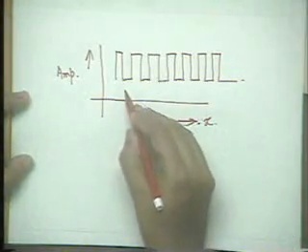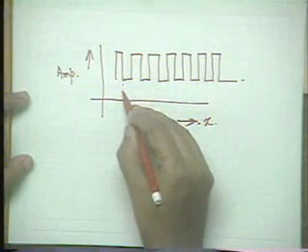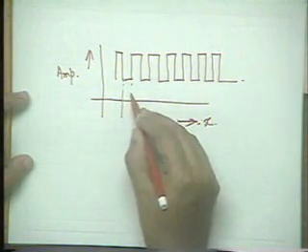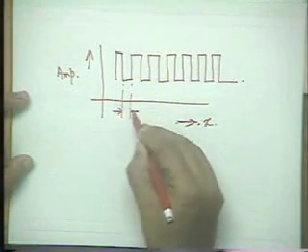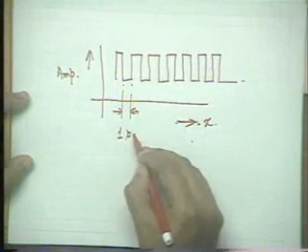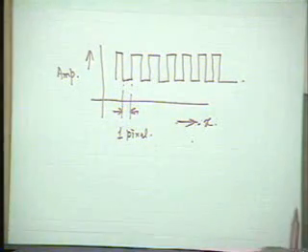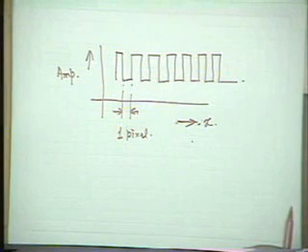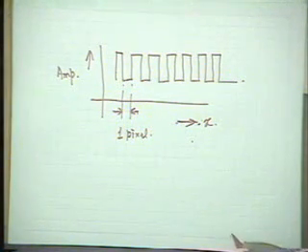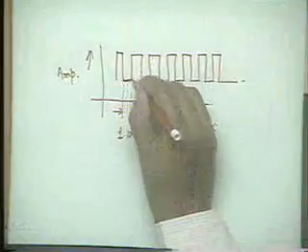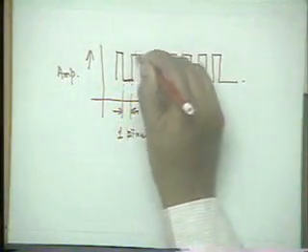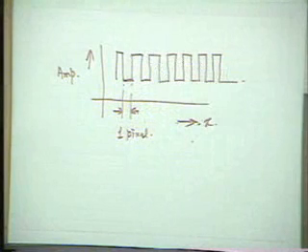And supposing we take this particular interval to be equivalent to 1 pixel space, what do we have? We have alternate dark and bright pixels. For this pixel the intensity is low, for this pixel the intensity is high.